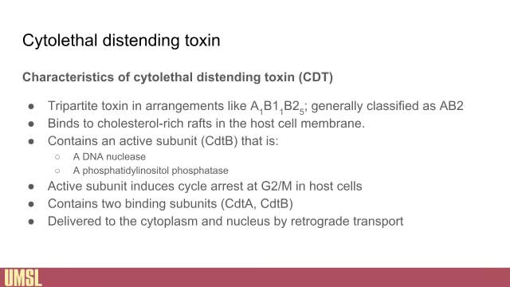And again, it contains the binding subunits, and it is delivered to the cytoplasm by a retrograde transport. And so what we'll see is when we see these AB5 toxins, that these are the retrograde transport toxins.